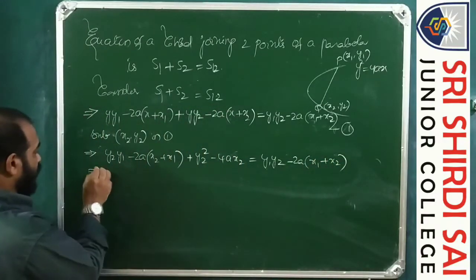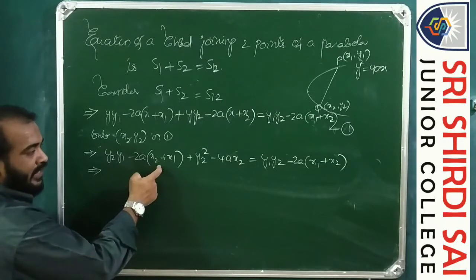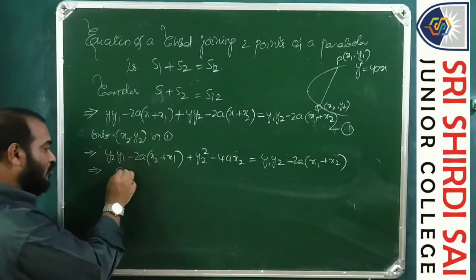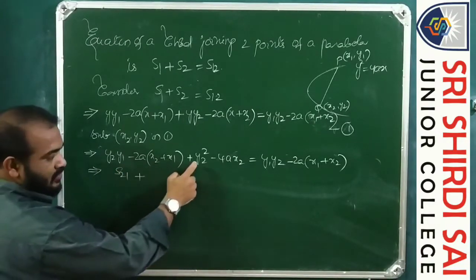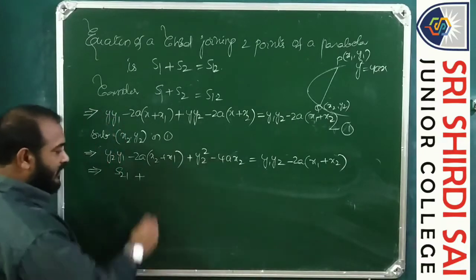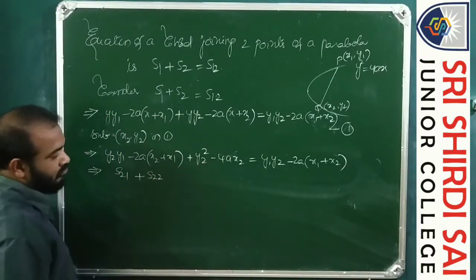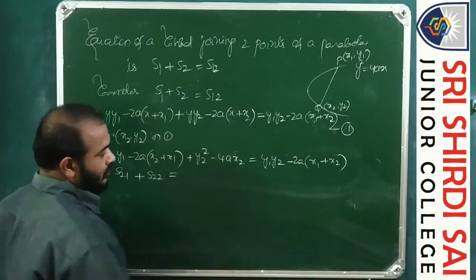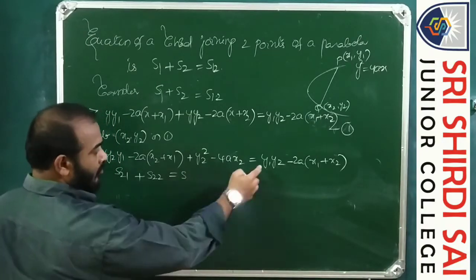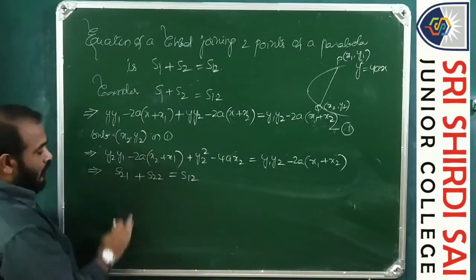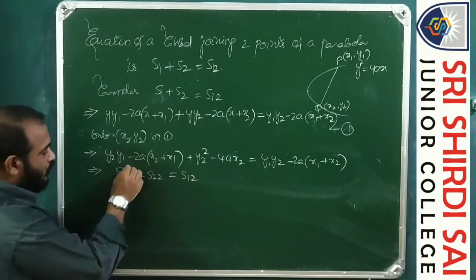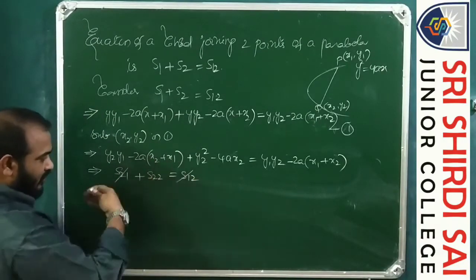So y2 y1 minus 2a into x2 plus x1 is S21, plus y2 square minus 4a x2 is S22, equals S12. We know that S12 equals S21, so this gets cancelled.